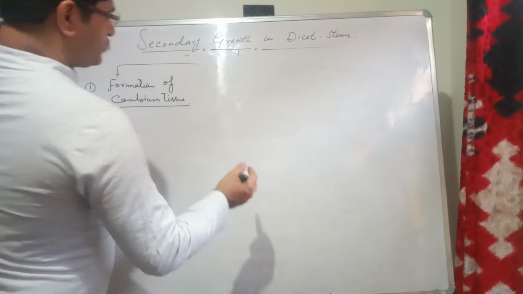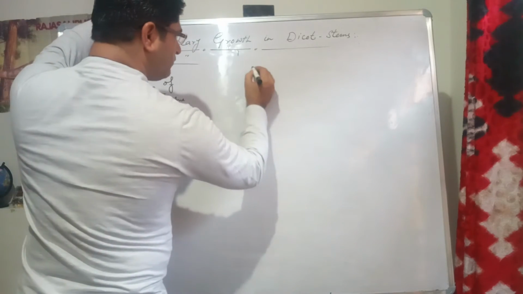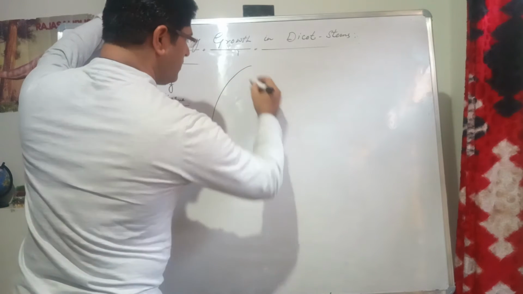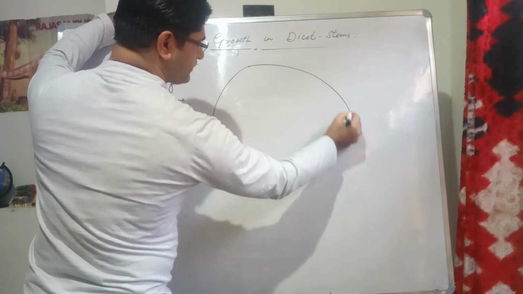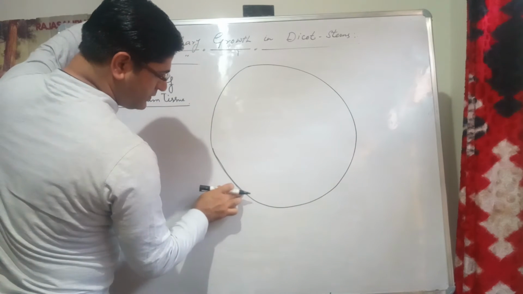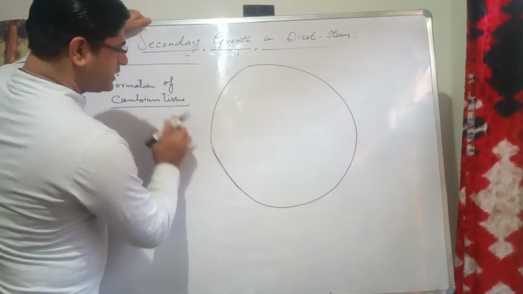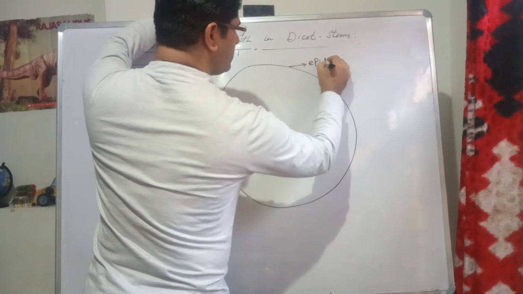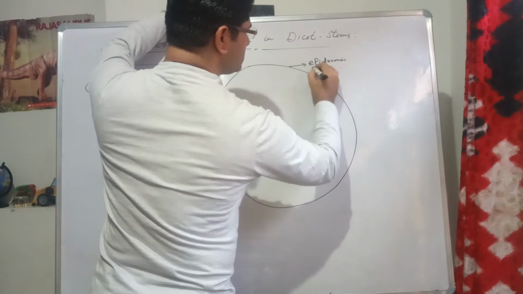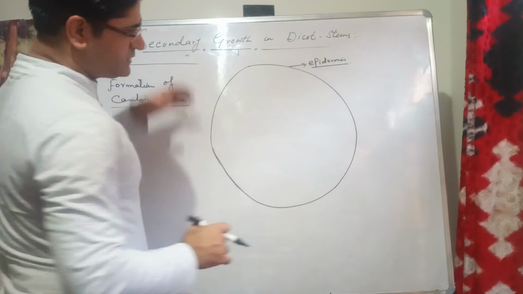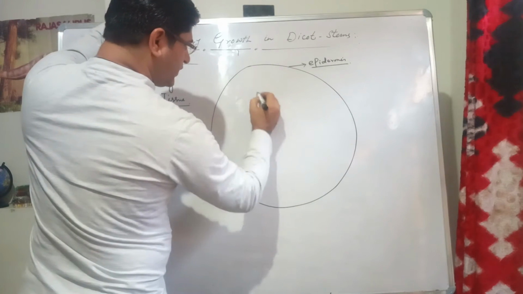So this is the outermost layer of the plant. Consider this outermost layer as epidermis. Then after the epidermis, there is the cortex region.